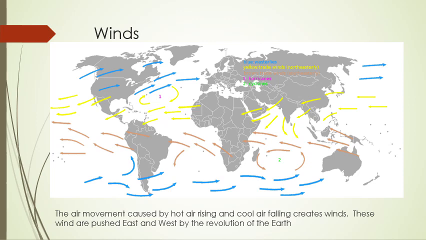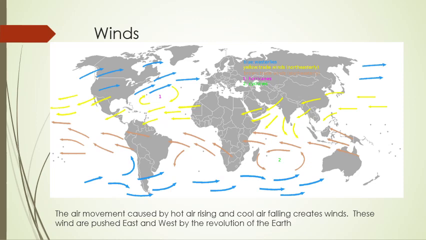They pick up moisture from the water, they bring it over the land, and they drop all of that moisture. Right down here, you see another one. This leads to cyclones, which are basically hurricanes. You have another issue over in the Pacific, but it's not as bad.